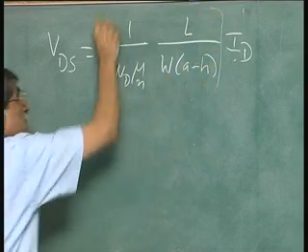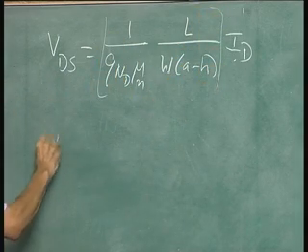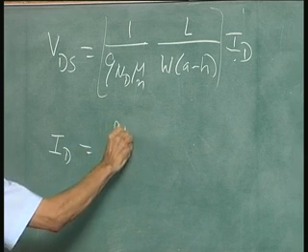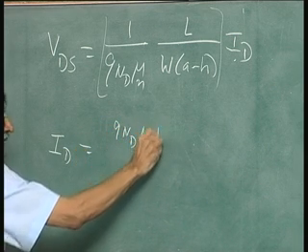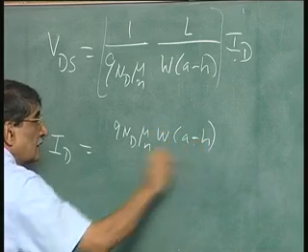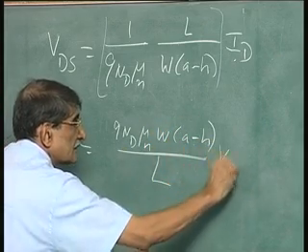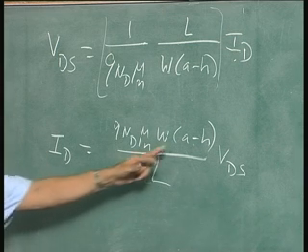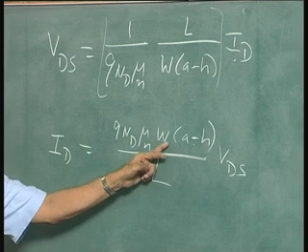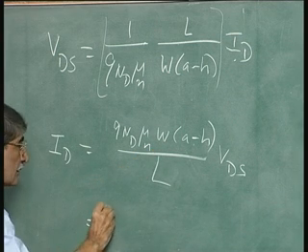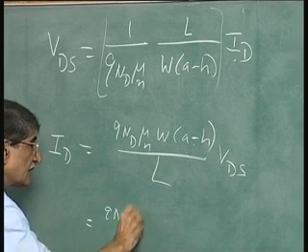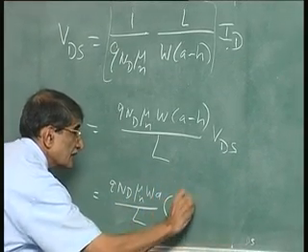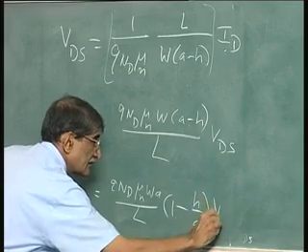This whole thing is R. Therefore, ID is equal to q n d mu n into W into A minus h divided by L into VDS. What I did is I pulled out this A, and you get q n d mu n W into A divided by L into 1 minus h by A into VDS.